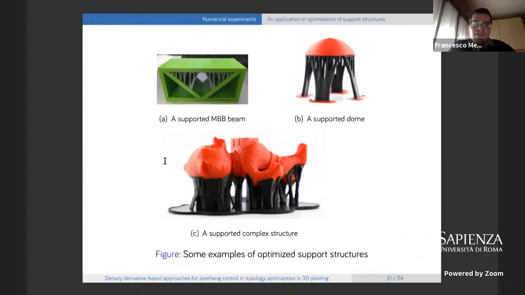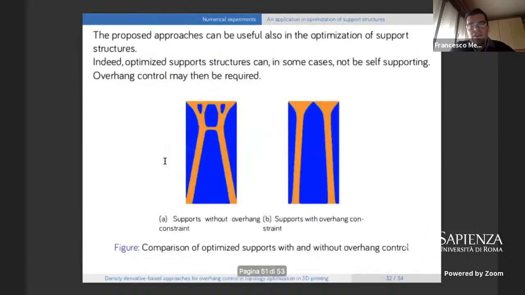And these optimized support structures are generally self-supporting, but this is not always true. We can have overhangs also in optimized support structures. Not often, actually, but it may happen.